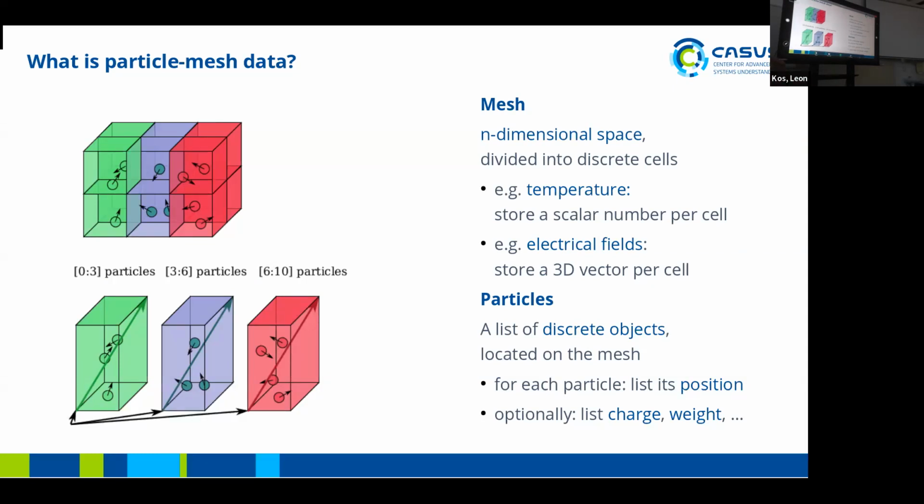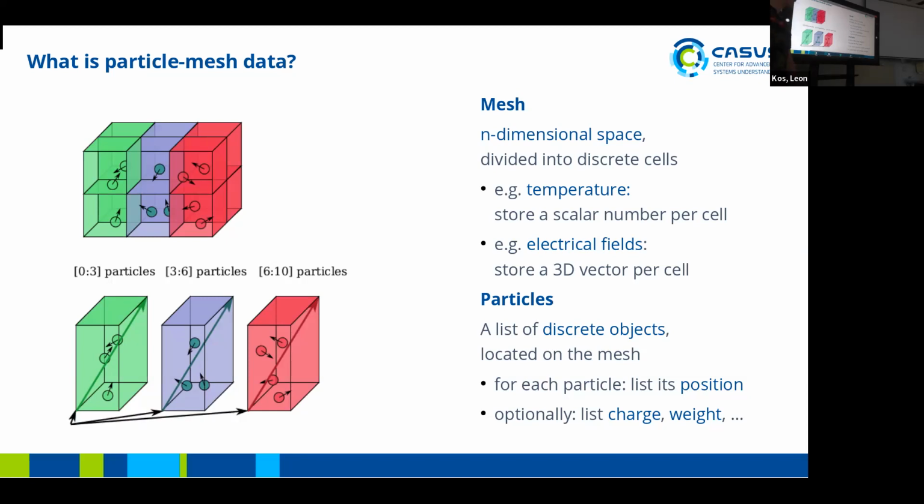A mesh basically is structured data and particles are unstructured data. A mesh is typically something like an n-dimensional space. So what you see here is these little boxes. In terms of plasma simulation, something like the temperature mesh.